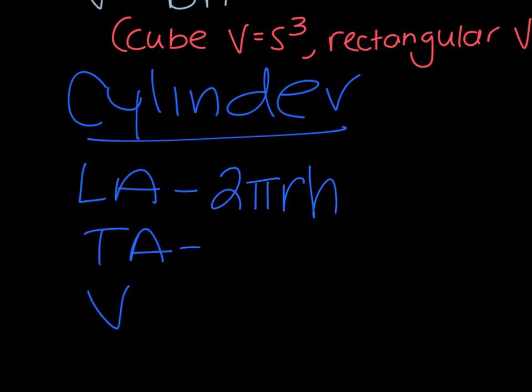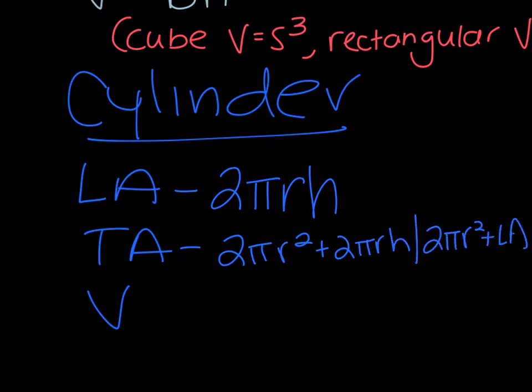Total area, again, there's 2 bases on a cylinder, but these bases are circles, so it'd be 2 pi r squared plus 2 pi r h, or 2 pi r squared plus the lateral area. And then the volume is base area times height. The base is a circle, so pi r squared times the height.